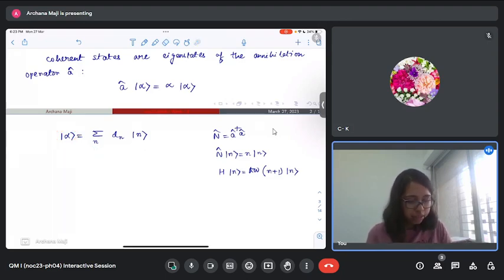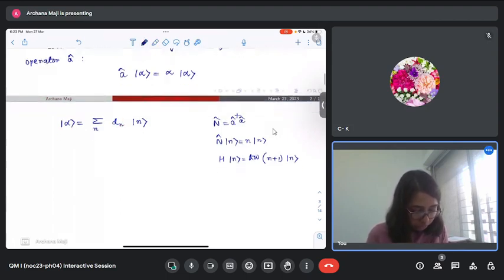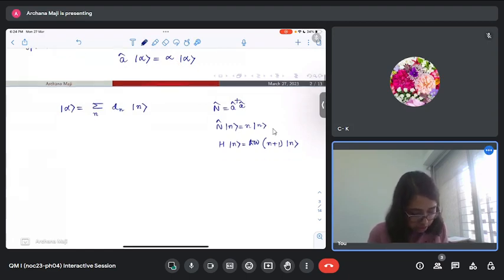Now we want to determine what these coefficients are. In order to do that, we can evaluate the left hand side, substitute alpha on the right hand side, and then compare both sides. A operating on alpha is d0 |0> plus d1 |1> plus and so on.